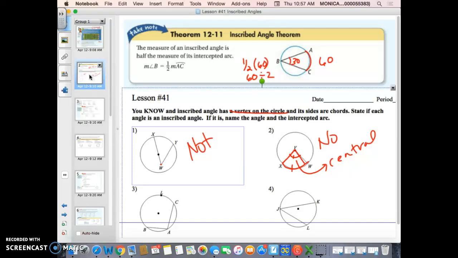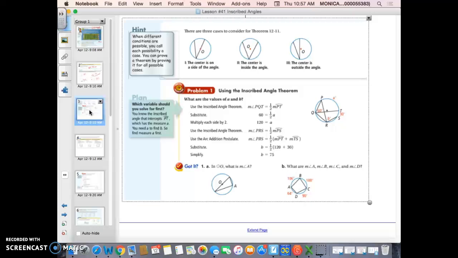Now here, yes, this is considered an inscribed angle because the vertex is on the circle. And this again is a yes. It doesn't matter whether or not it passes through the center of the circle. What matters is that the vertex is on the circle.